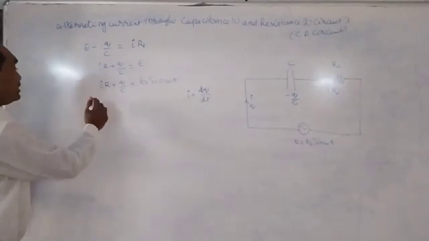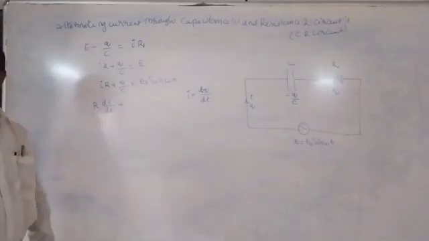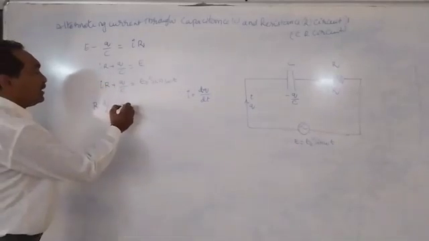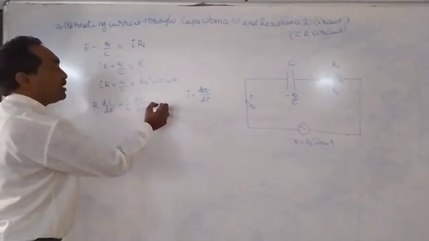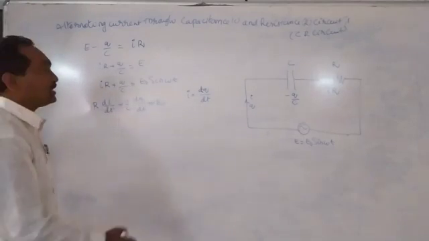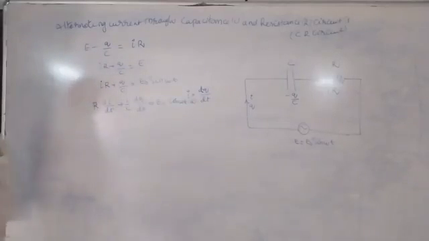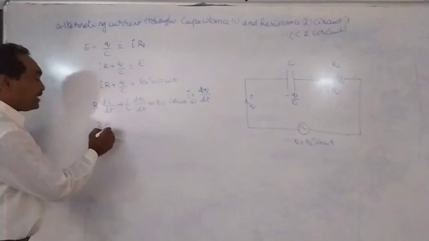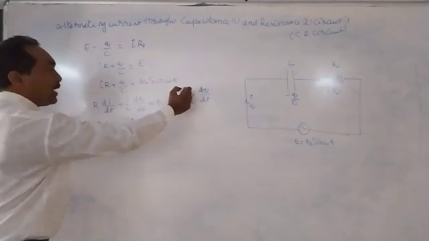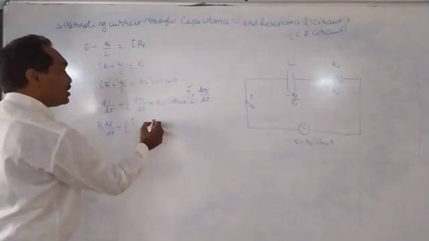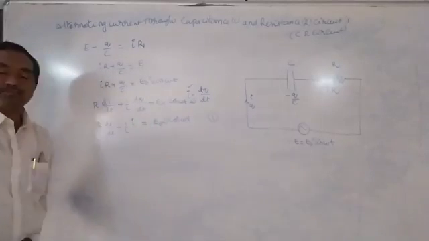R is a constant, so we get R dI by dt, plus 1 by C, which is constant, times dQ by dt, which is I, equal to E naught times the derivative of sin omega t, that is cos omega t into omega. So R dI by dt plus I by C is equal to E naught omega cos omega t. That is taken as equation 1.